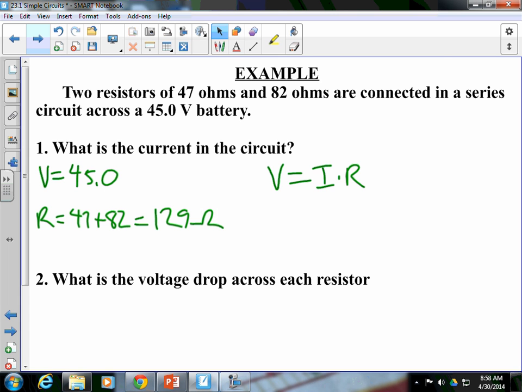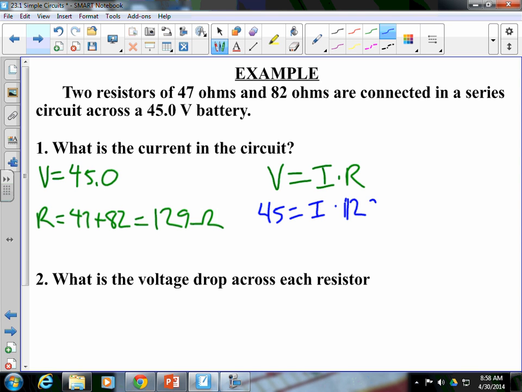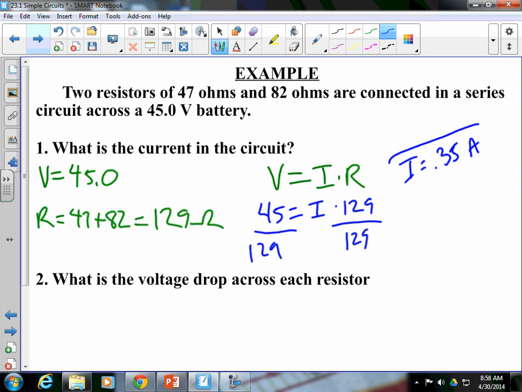We can go ahead and solve for our current. Voltage 45 is equal to I times resistance, and our resistance is 129. We do a little bit of algebra, and our current with 2 sig figs ends up being 0.35 amps.